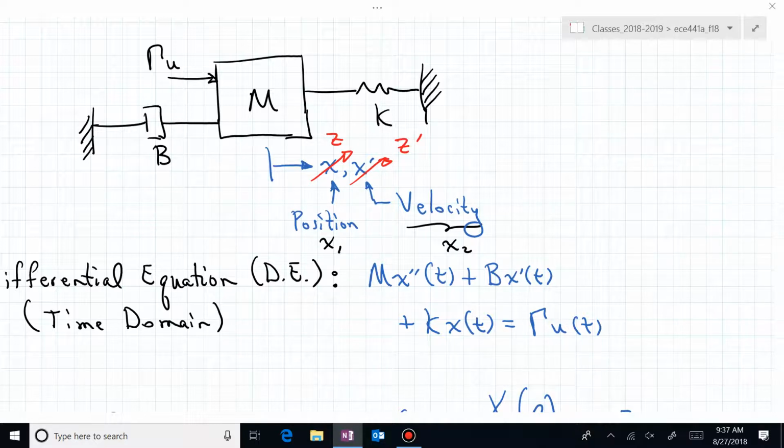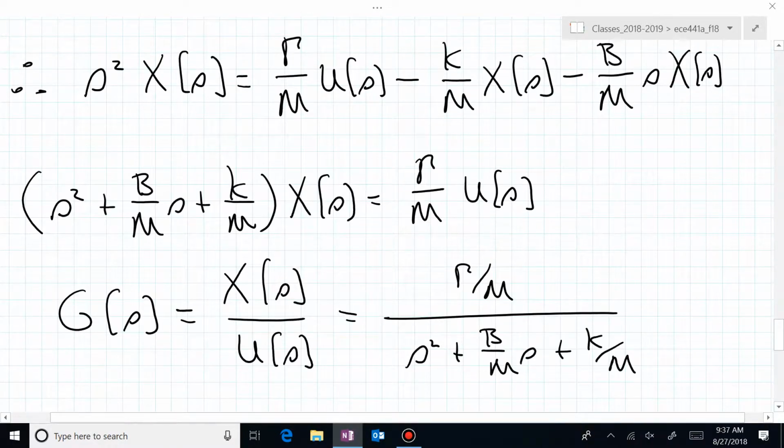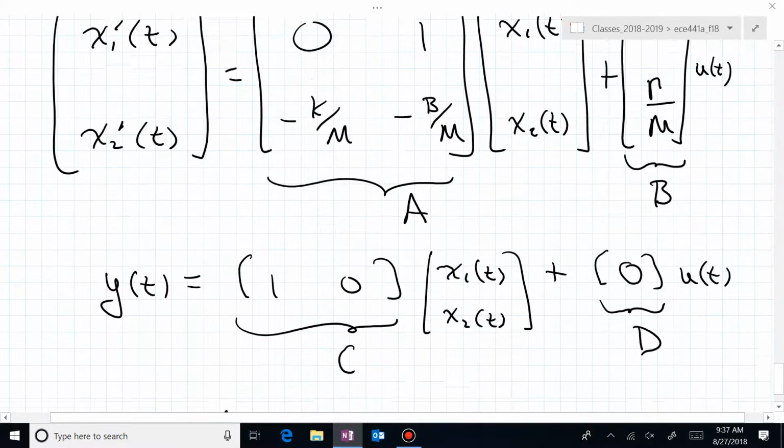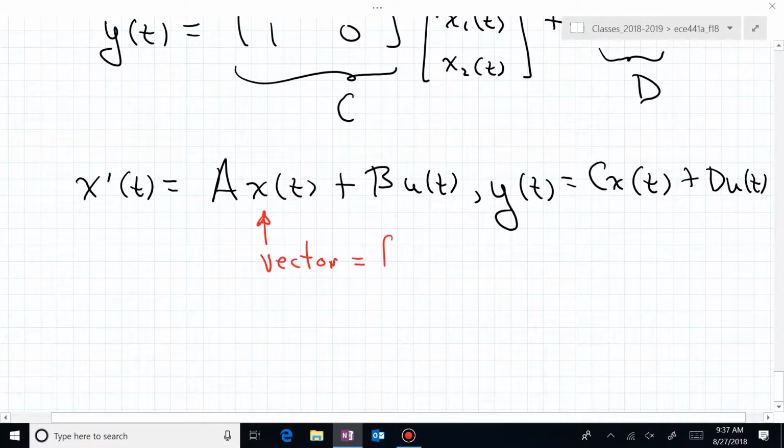I wanted to avoid that in the first two, but now that I have it the third time in the state space, it's getting confusing because now I'm using x as a vector, and in the block diagram it was the position. So I hope you'll tolerate the abuse of notation that now I've switched into calling x a vector.